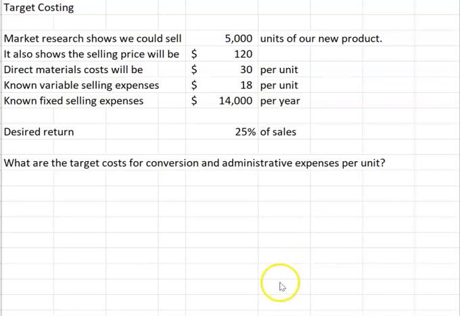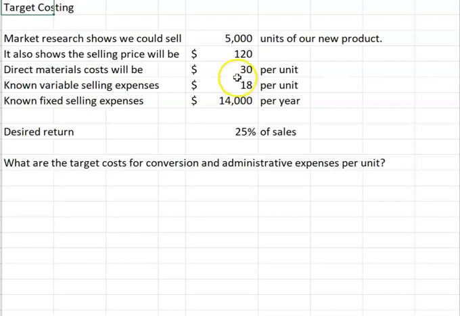So in this case, market research shows that we'll be able to sell 5,000 units of our new product. The selling price is going to be $120. That's been set by the market apparently. We know our direct materials are going to cost $30 a unit. The variable selling expenses that we know about are going to cost $18. The fixed selling expenses that we know about are going to cost $14,000 per year.